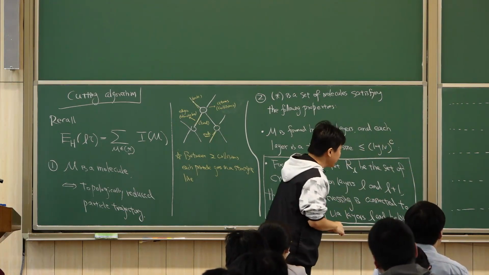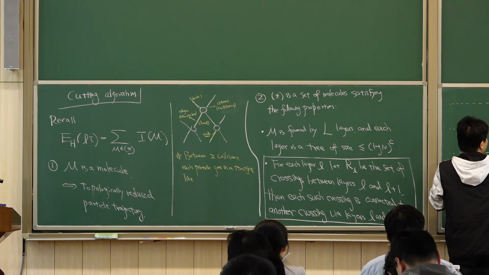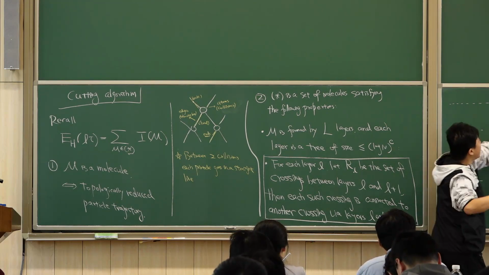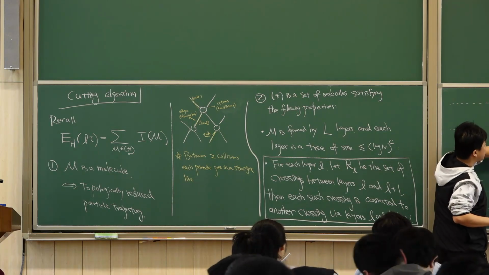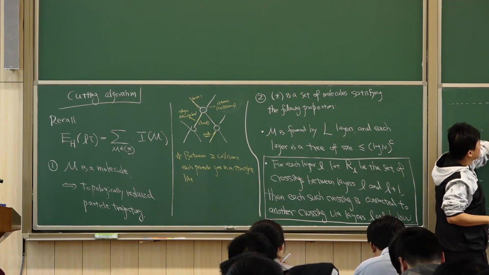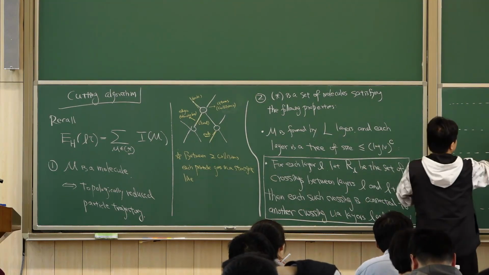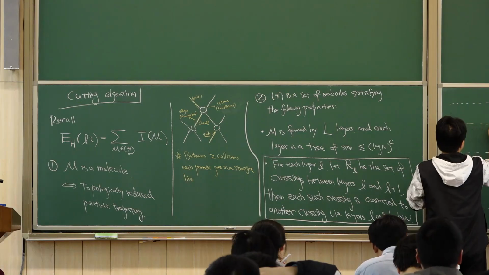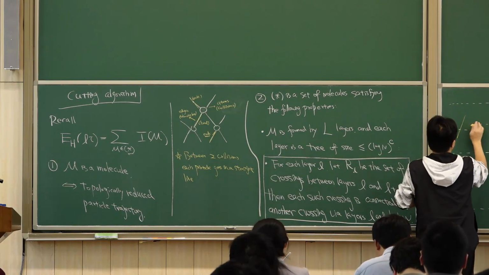So the crossing means you are having an edge here, essentially crossing the layer below this line and the layer above this line. So this is layer 3, this is layer 4. So this is a crossing between layer 3 and layer 4, and there are many crossings like this. Let's show one more.